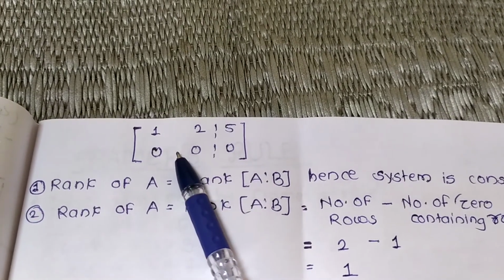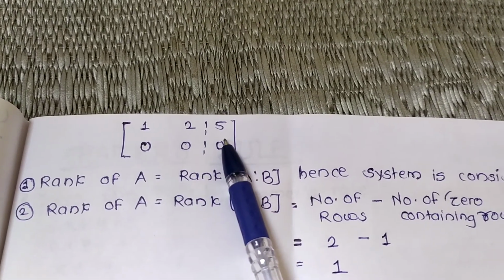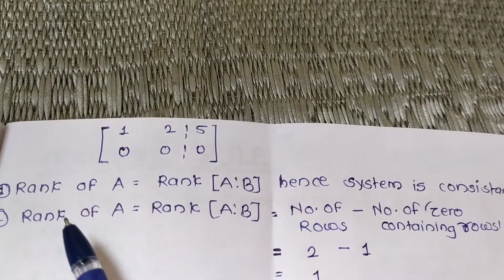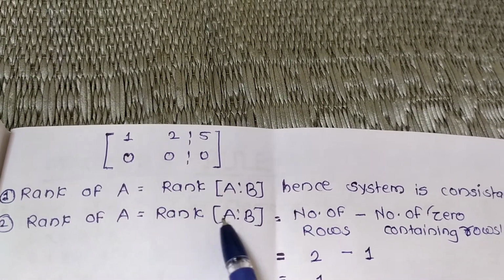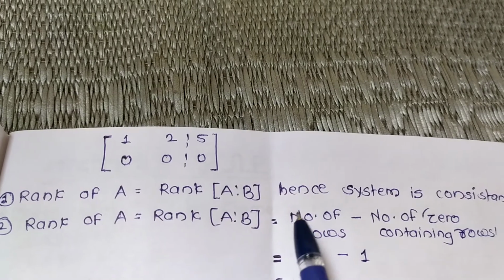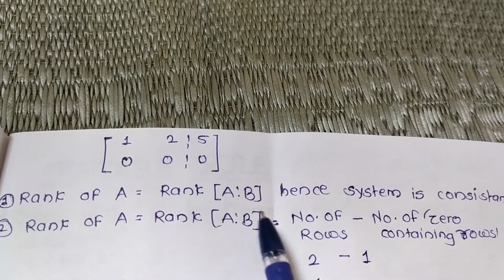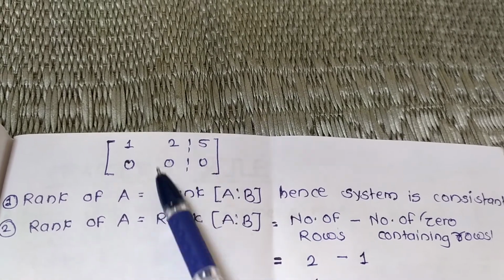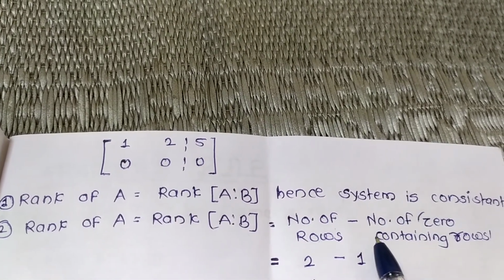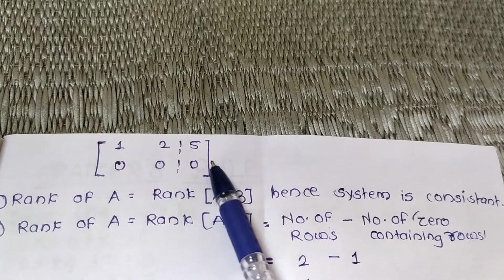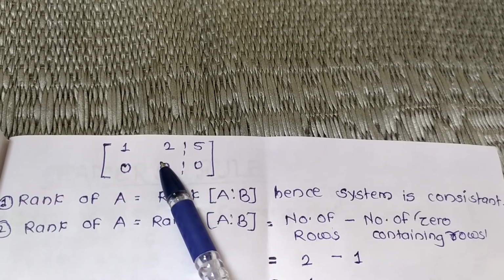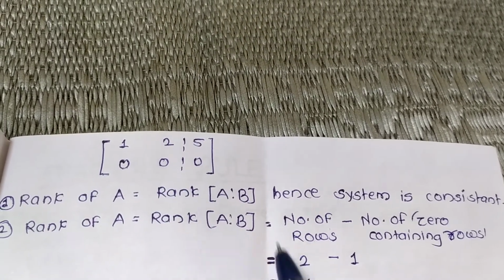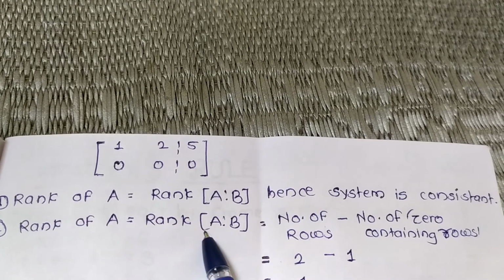The rank of A is equal to the rank of the augmented matrix, hence the system is consistent. Now find out the rank: number of rows, 2 rows, minus number of rows containing zeros, 1. So 2 minus 1 is 1. Rank is 1. Both have rank 1.